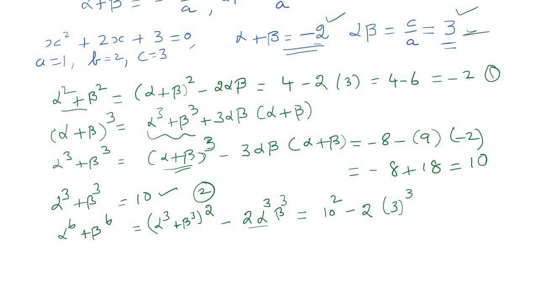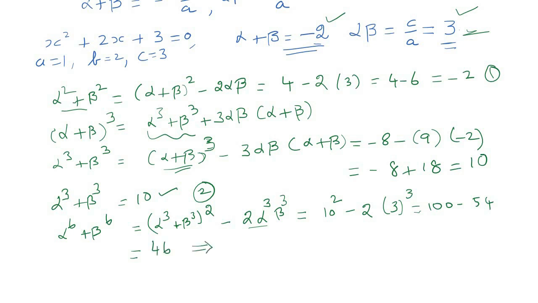So this is equal to 100 minus 3 cube is 27 into 2, so 54. 100 minus 54, we know that it is 46.